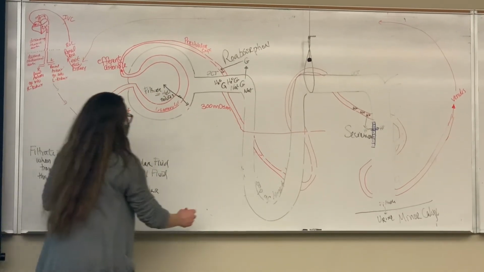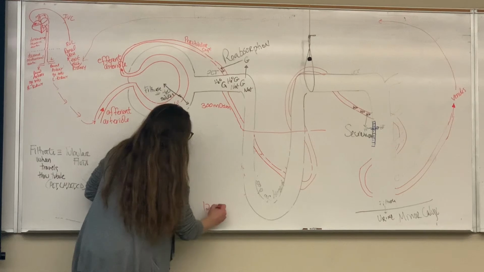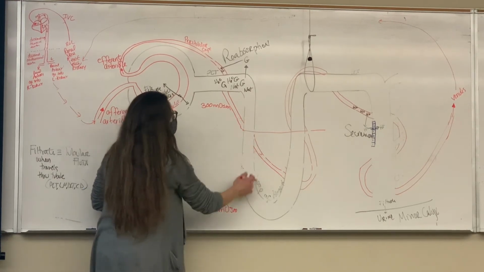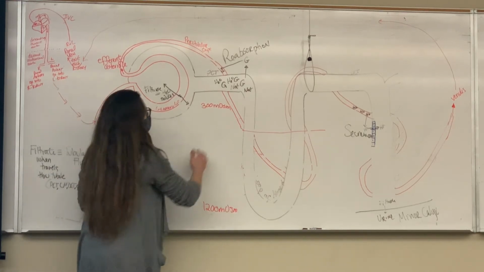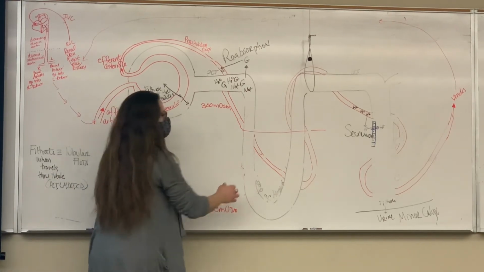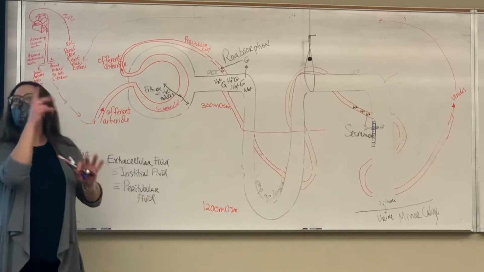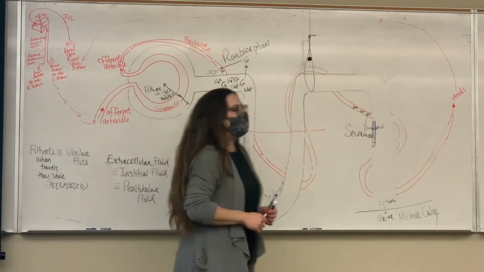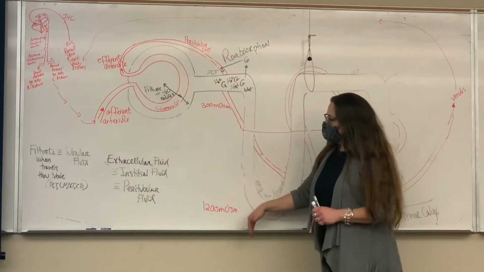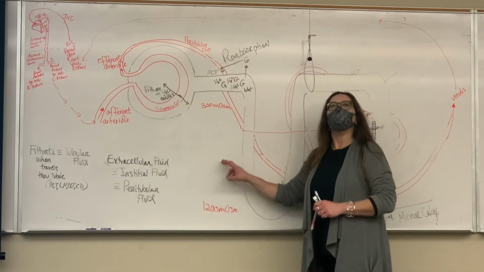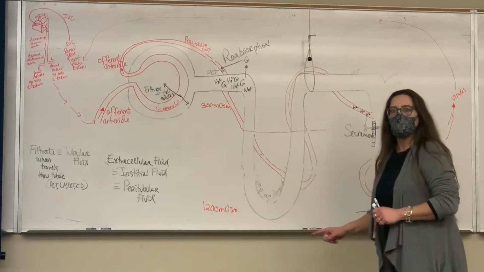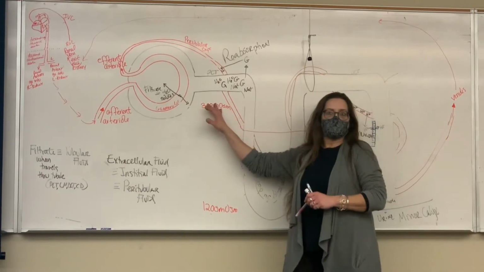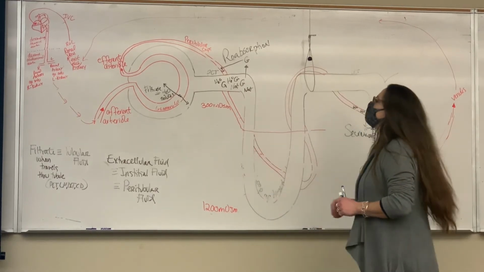If you look at the osmolarity of out here compared to in here, there's more stuff out here than in here, and we'll talk about how all that works later. But for now, we'll just say there's more stuff out here. And the deeper that you go in the medulla, the more stuff is out in the peritubular fluid. The closer that you are to the cortex, the less stuff's out here. Still a lot of stuff, but less.